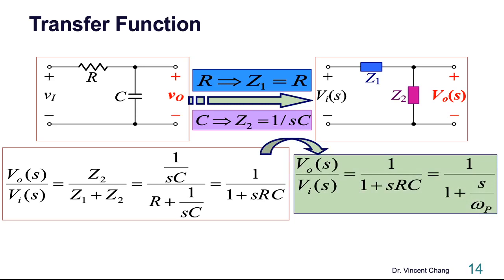And then the inverse of the time constant RC. What's the dimension of R times C? It's time, so it's called the time constant. The inverse of time is frequency, and the frequency appears in the denominator.